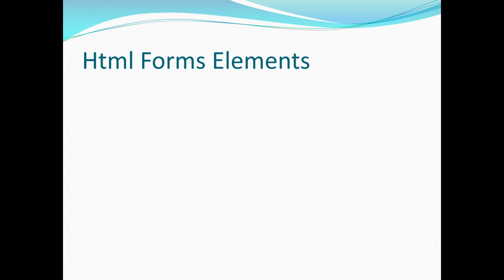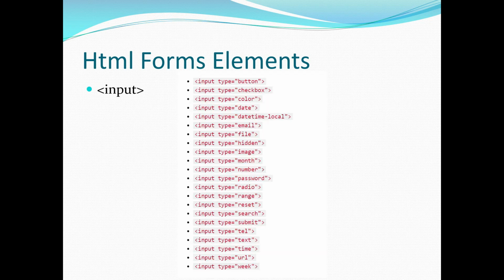So what are the HTML form elements? Input. Okay, and input has various types. In the previous slide you see that the input type is text. Okay, so we can change it. For example, if the input type is button, then a button will show, and checkbox, then a checkbox is shown, and when you click on that, a tick or check is checked or not.